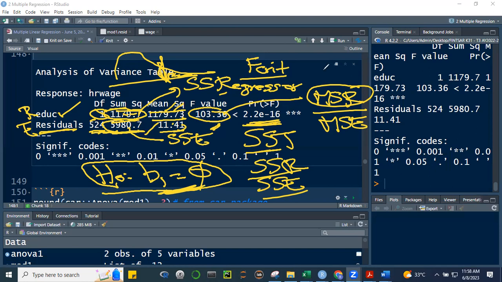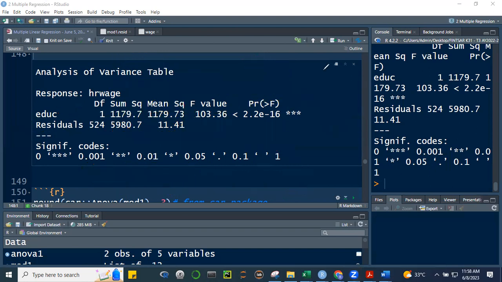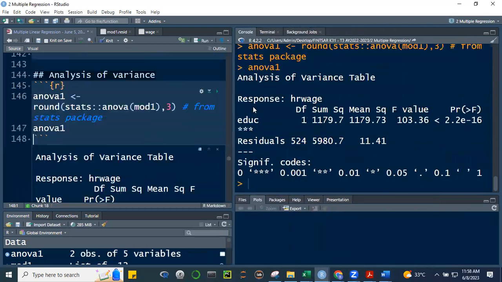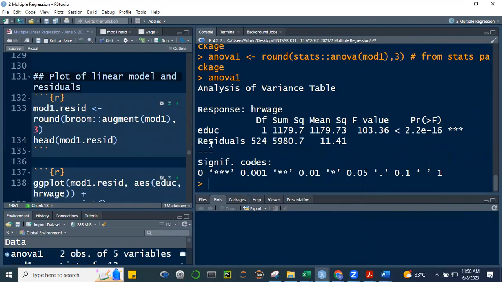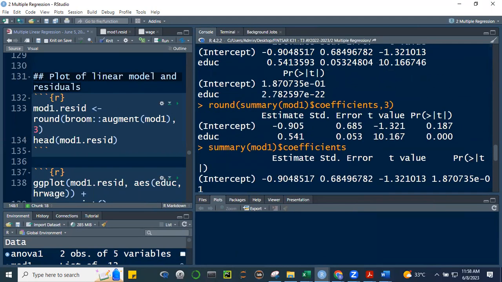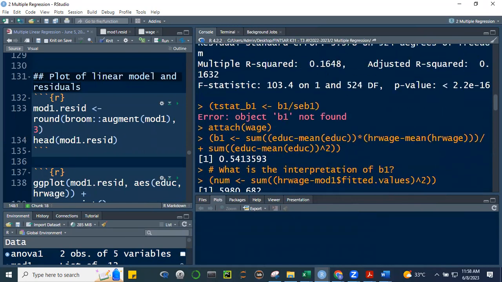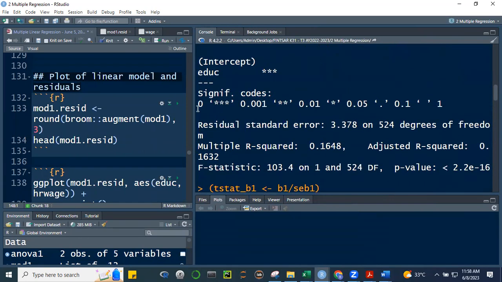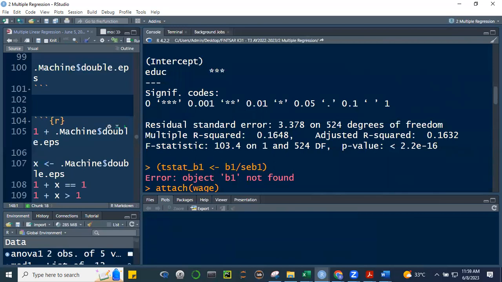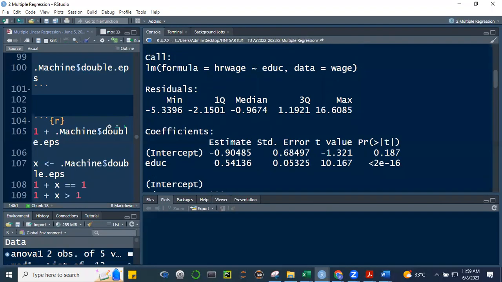Balikan ko to. Di ba nag-generate tayo ng LM, ng linear model? This is our model, LM.